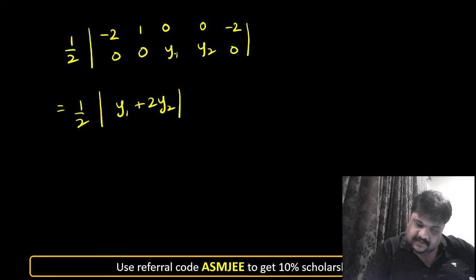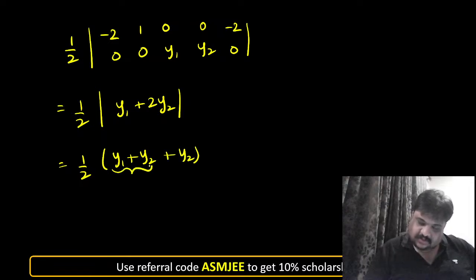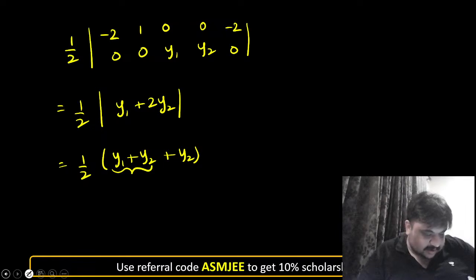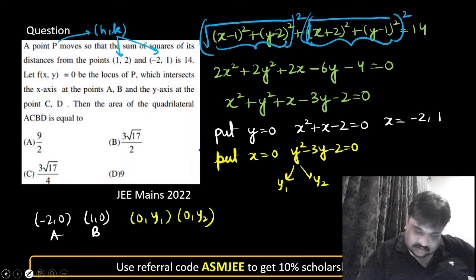Okay, so half, now y1 plus y2 plus y2. This doesn't make sense. There is some calculation that I have probably bungled up.